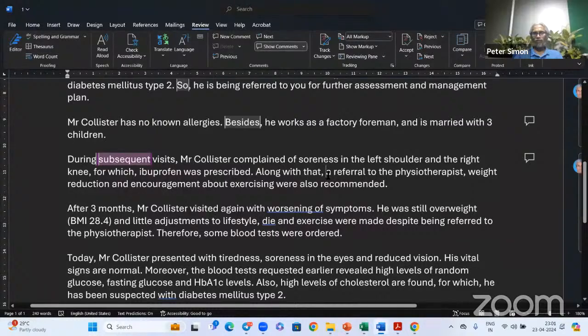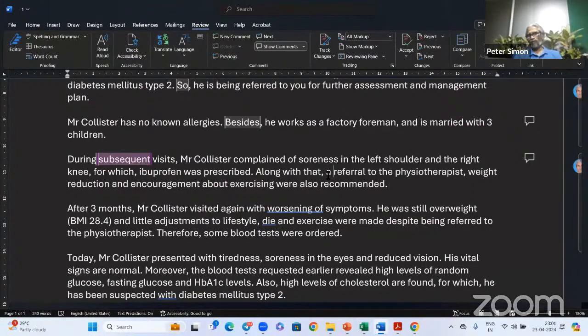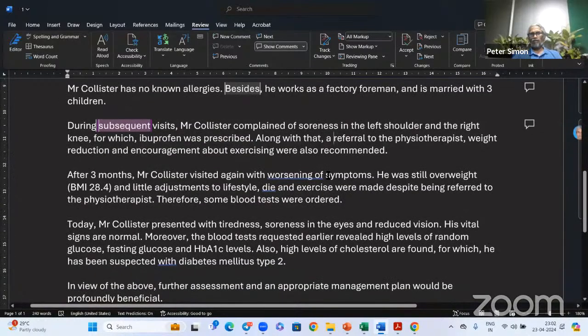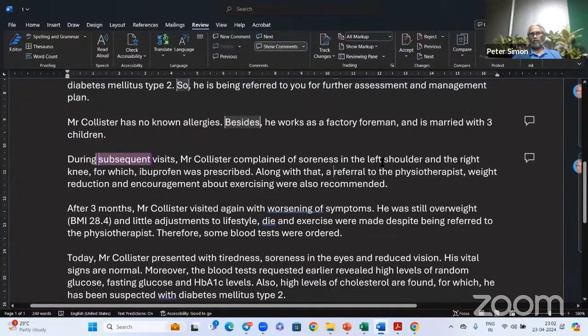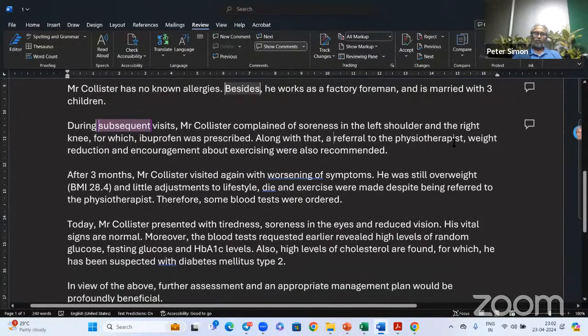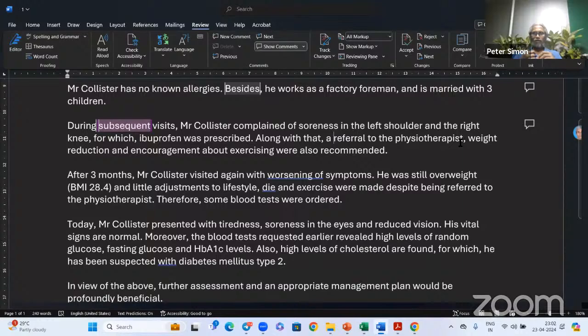a referral to the physiotherapist, weight reduction. A referral to the physiotherapist is different. Weight reduction. A referral to the physiotherapist was recommended?